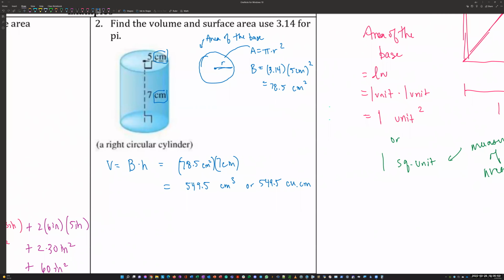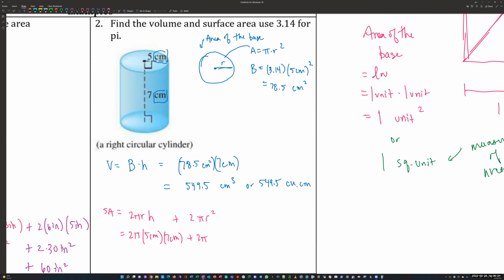All right, so the surface area of this thing is equal to 2 pi r times h plus we just said 2 pi r squared. So in this case, that would be 2 pi, r is 5, h is 7.